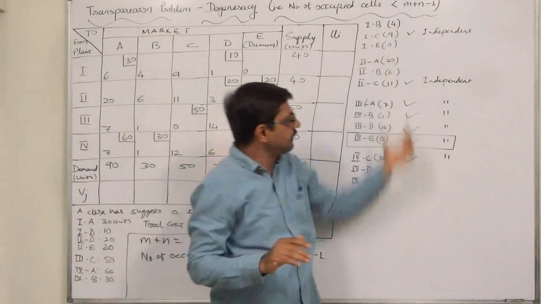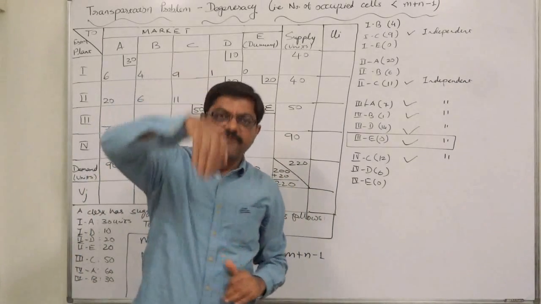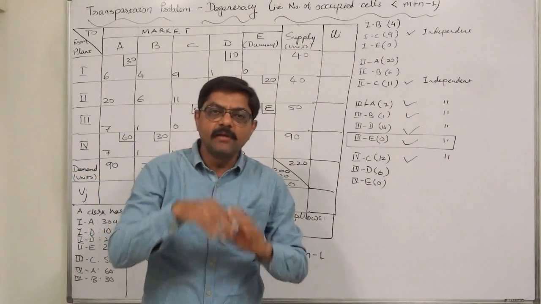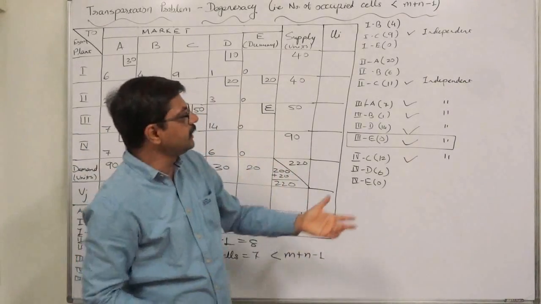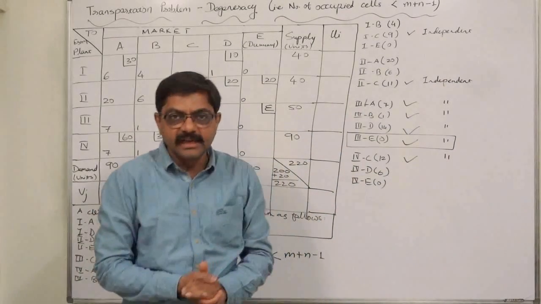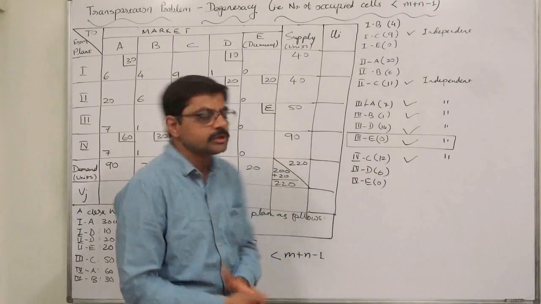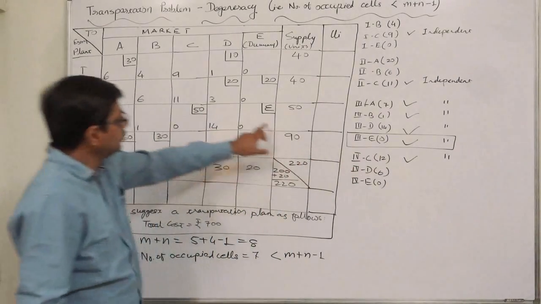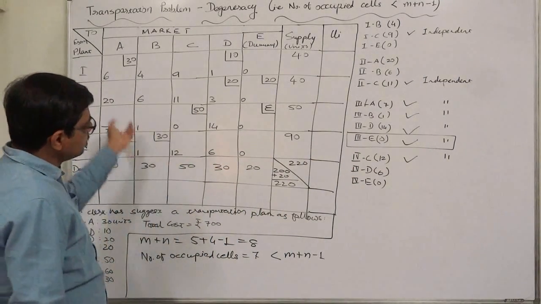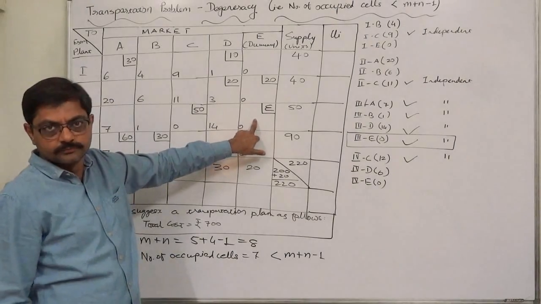So we selected 7 independent cells. Now if we have to allocate some quantity to any of these 7 cells, obviously we ought to select the cell with the least cost.